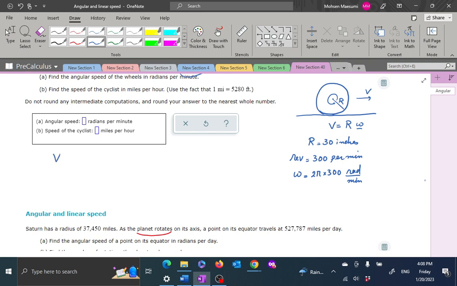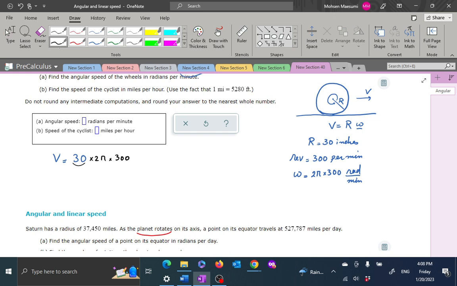Well, what is the velocity going to be? You just take 30 inches. So this is 30 inches times 2 pi times 300. So what would be our unit now? Well, let me write this thing again. So I have 30 times 2 pi times 300.